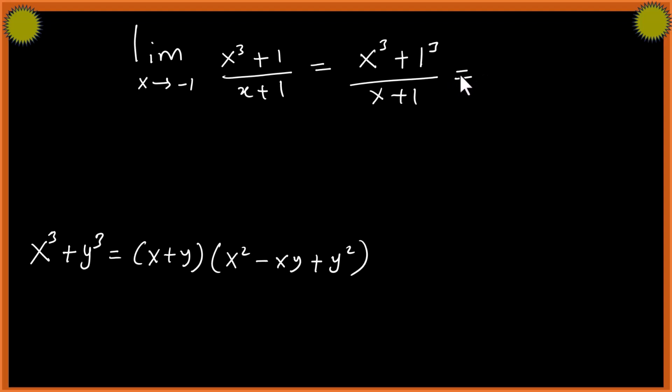So let's go ahead and expand this one. We assume x is x, then y is 1 here. So we have x plus 1, times x squared minus x times 1 plus 1 squared, that is 1, on x plus 1.